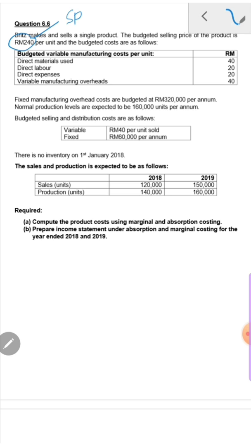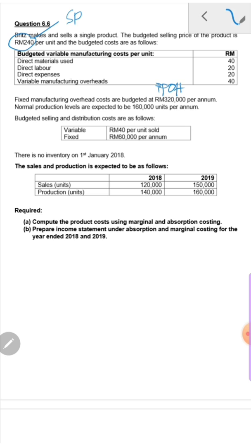This fixed manufacturing takes place in the factory, so it's actually FPOH, fixed production overhead, 330,000. Normal production level is expected to be 160,000. So usually FMOH or FPOH is given as a lump sum for 1 year, so you have to divide by the total production level, which is 160,000, later.